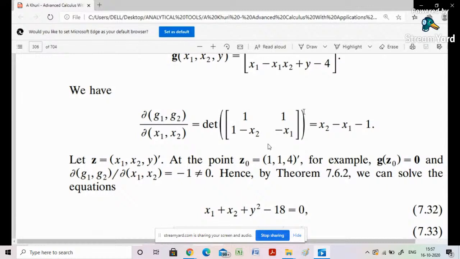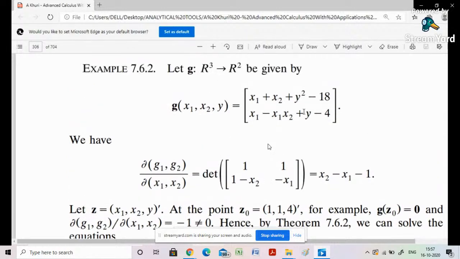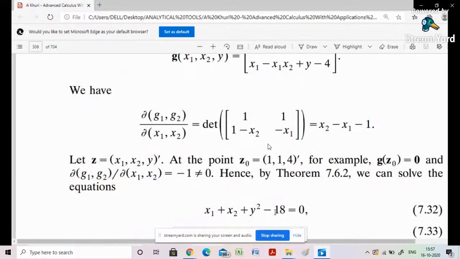Okay, let us take an example at the point (1, 1, 4). At that point, we substitute in this equation and get 0. So at the point (1, 1, 4), we can see that G at (1, 1, 4) equals 0.